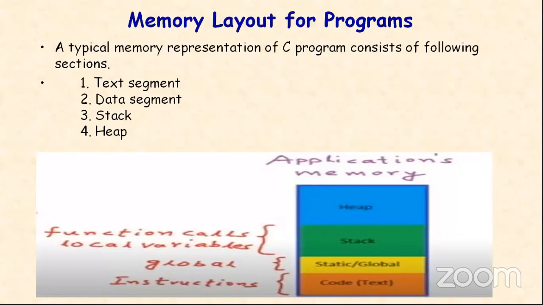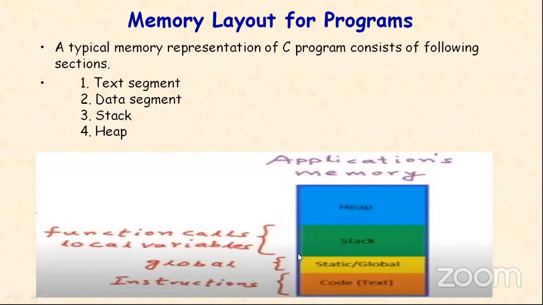Before understanding dynamic memory management, first we need to understand how memory is allocated for my programs, how the memory layout looks for any C program or any program you consider.